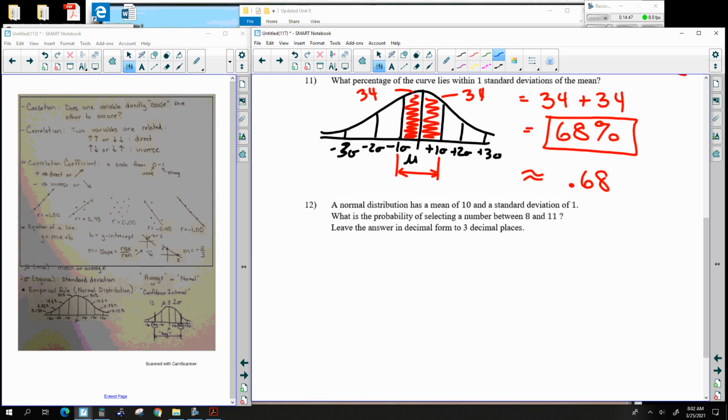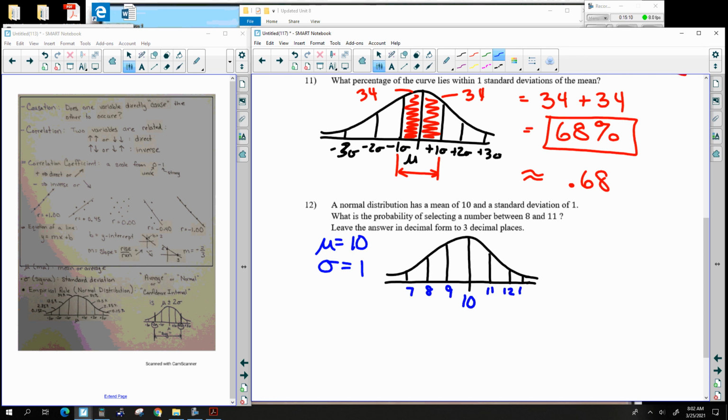Mean of 10 and a standard deviation of 1. So the mean is 10 and each standard deviation is 1. They want to know between 8 and 11. So between 8 and 11, it'd be those three bars right there.